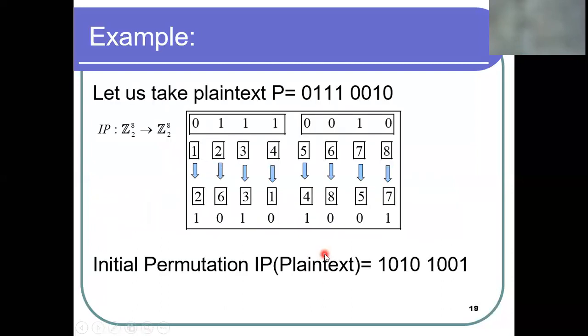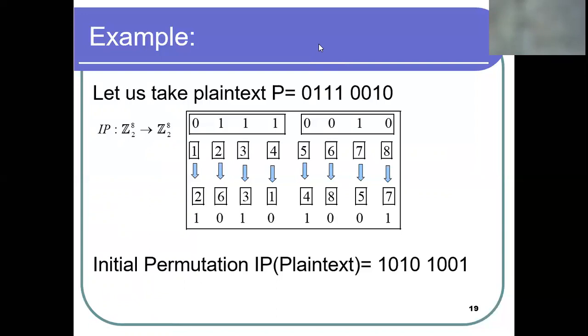So how to perform all these steps? Let us take one plain text having length 8 bits. So, dear student, the first step in simplified DES is how to basically perform all these steps of simplified DES.